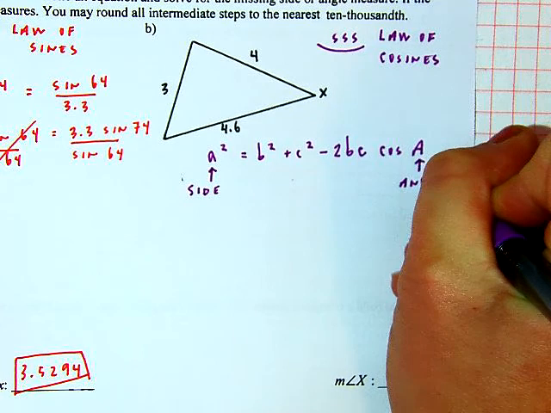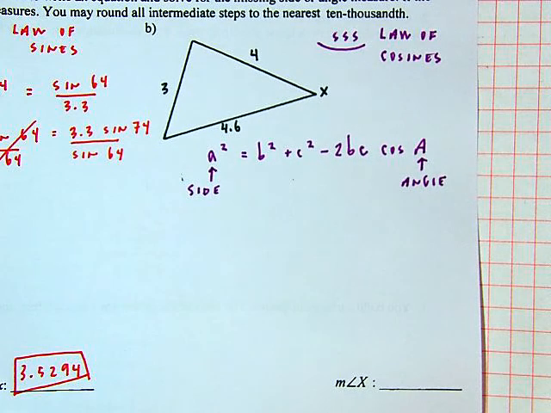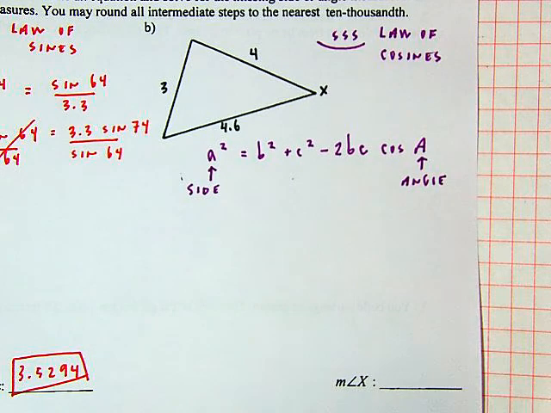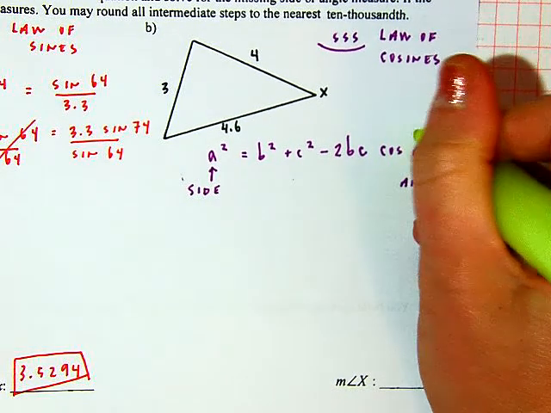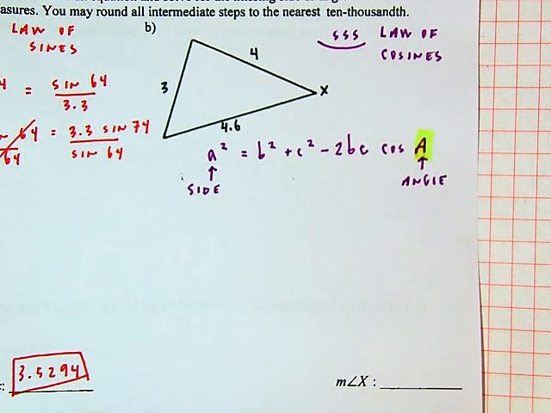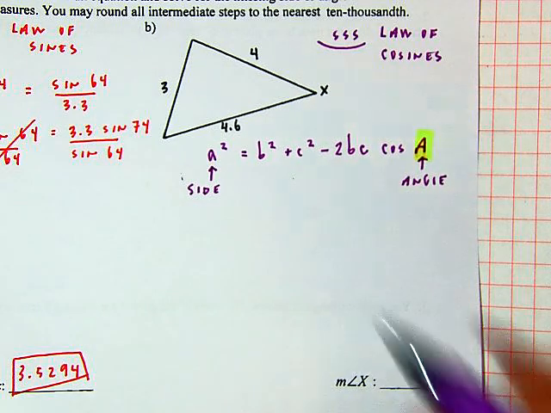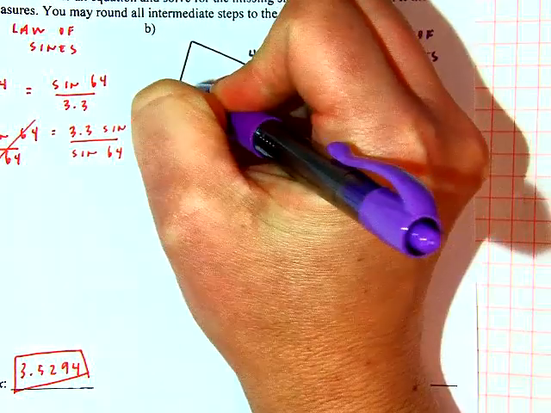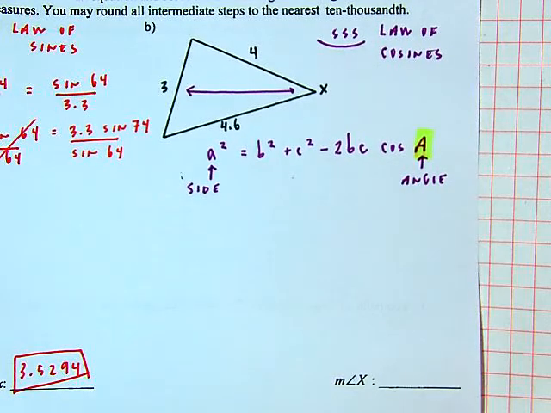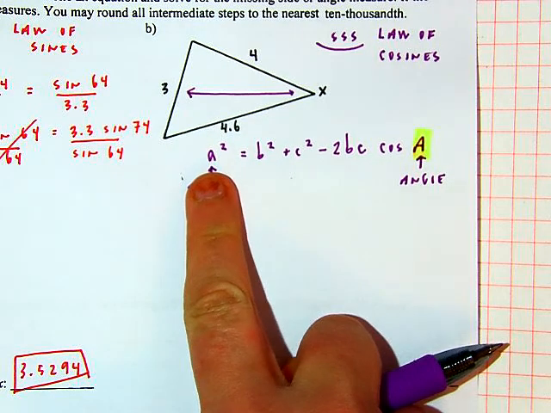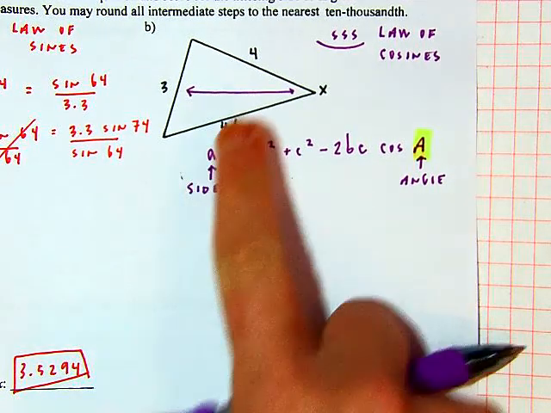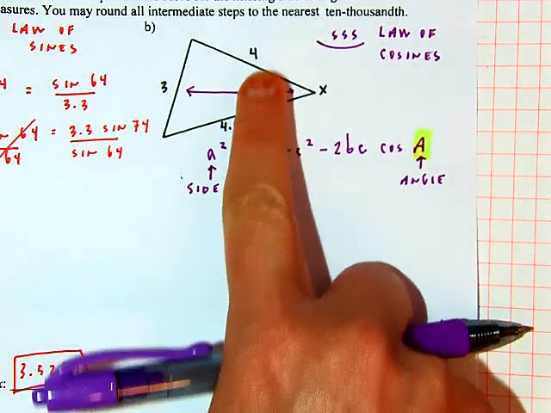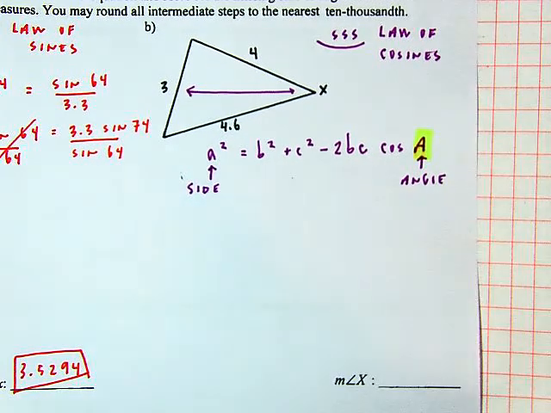And these are always in opposite positions. So in this instance, I'm solving for an angle. So I'm solving for this part right here. And my side opposite is the 3. So I'm very conscious of the angle and the side that is opposite right there. So that 3 is going to go in right here. Okay, where the 4 and the 4.6 go, it doesn't matter. We have options. We can call that B and that C, or vice versa.